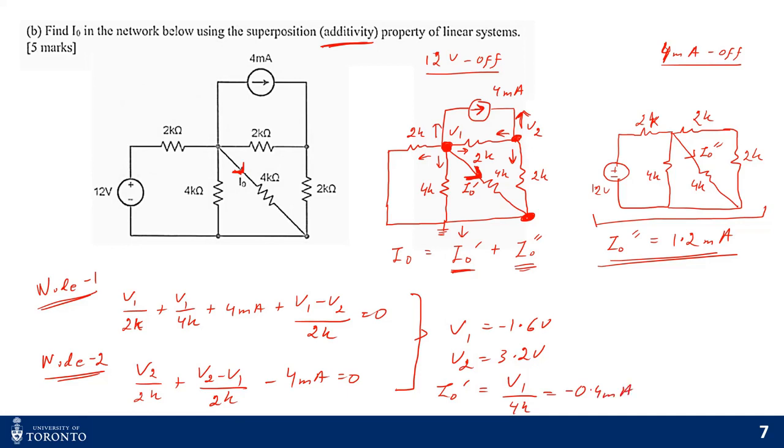So what's going to be my I naught? I naught is going to be minus 0.4 plus 1.2 milliamps, right? These are milliamps. So my I naught is just 0.8 milliamperes.